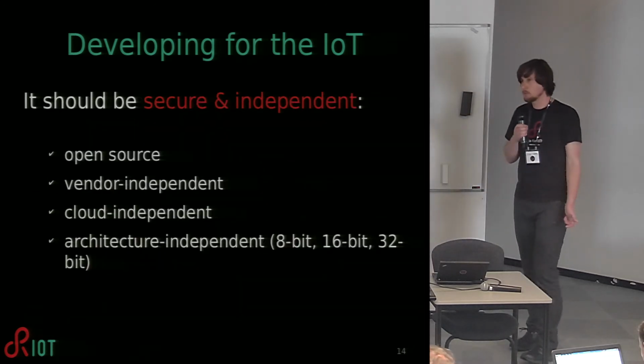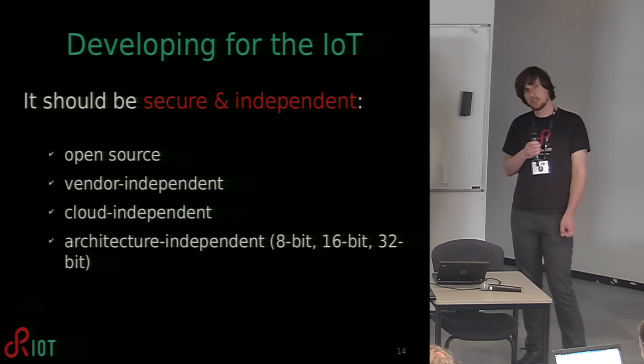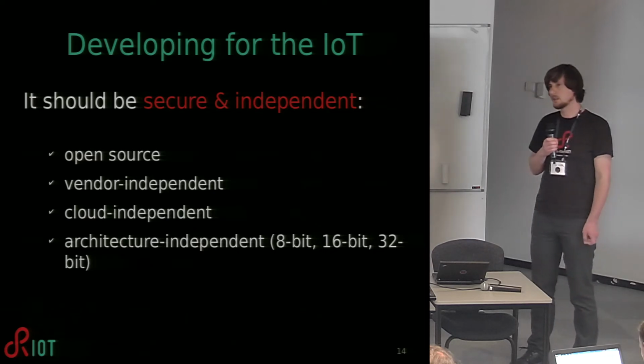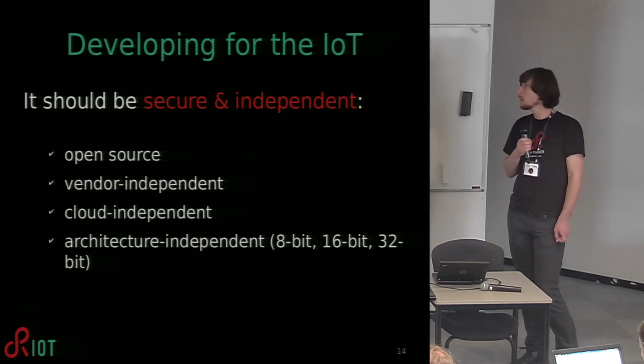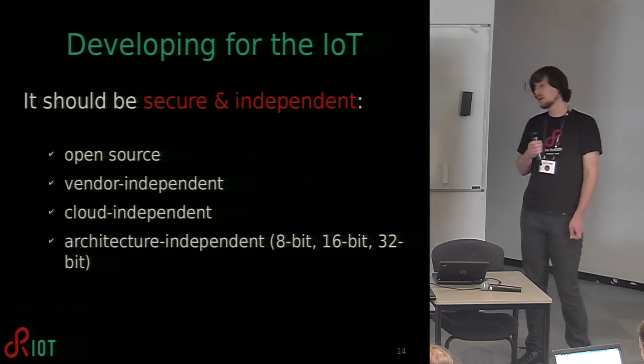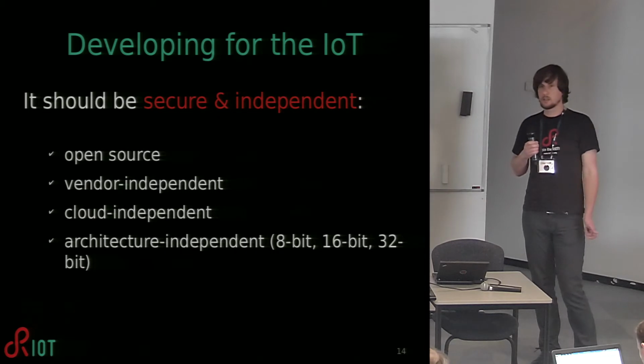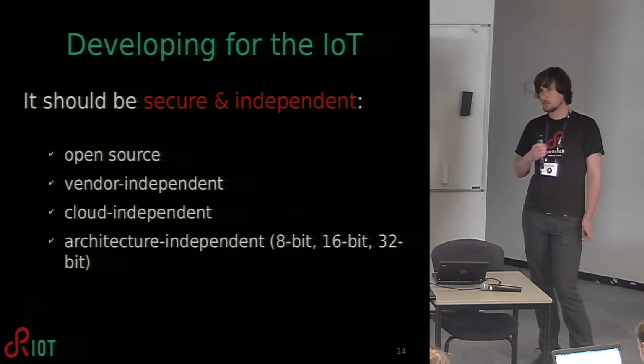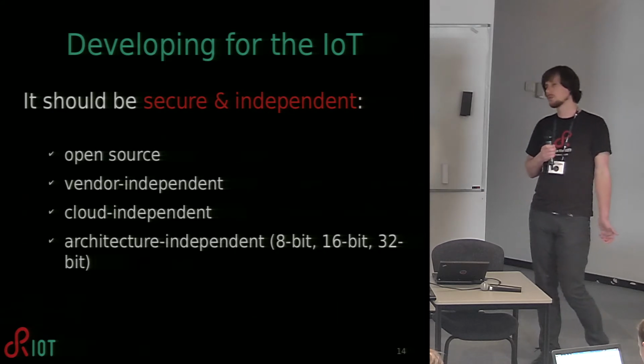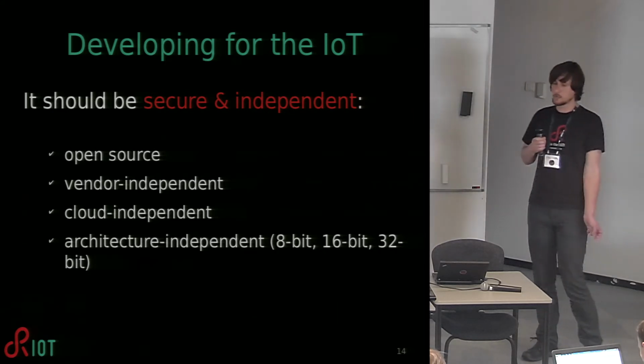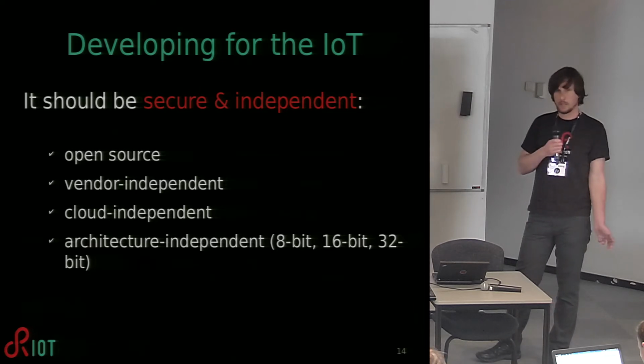A lot of people worry about security and privacy in the IoT, and I think it's very important to worry about it. We think the best way to address these concerns is to make everything as open as possible: use open standards and open source software, and be independent from any cloud service, any hardware architecture or other technology, independent from a specific vendor.